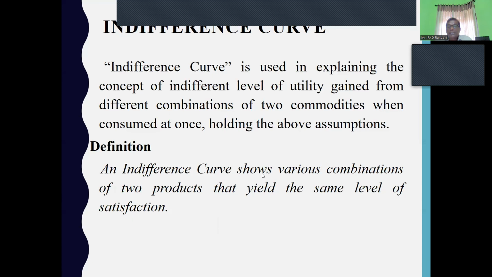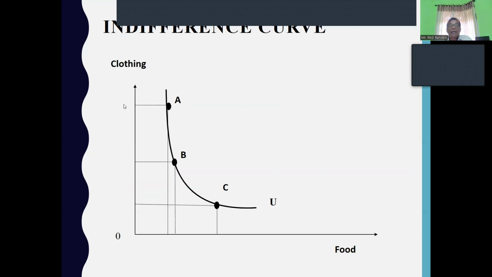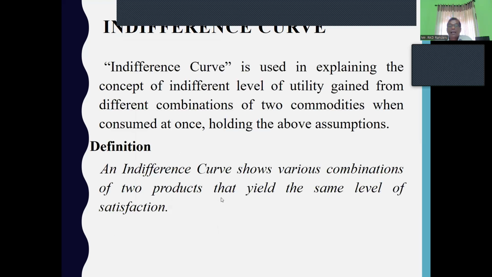Here, protein something, food something, that is different. The commodity bundle is different, but gives equal satisfaction. So various combinations of two products yield the same level of satisfaction.